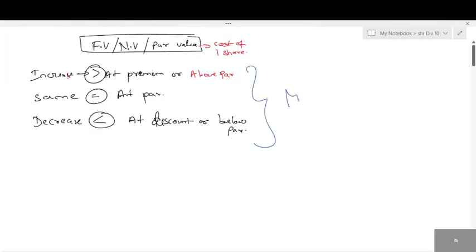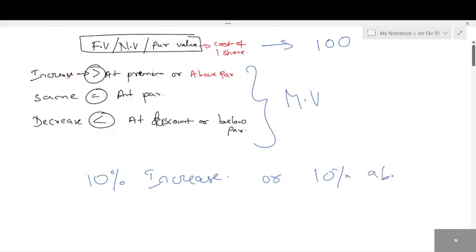For example, imagine one share is rupees 100 initially, before the company starts. They'll give you market value as 10% increase, or 10% above par, or 10% at premium. They will not give you market value directly, students. We have to find it. Sometimes they might give it, sometimes they won't.